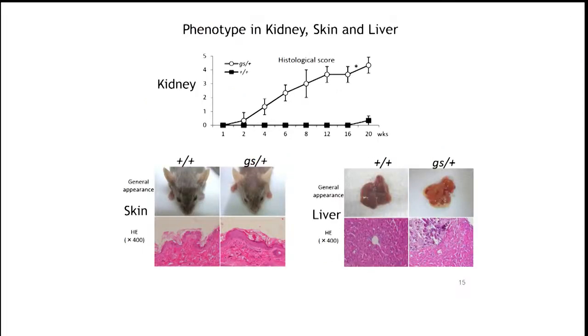Further analysis revealed that the GS mouse exhibits abnormalities in the kidney, skin, and liver. These symptoms are similar to those found in human patients with autoimmunity. Further studies are ongoing to relate human disease and MDA5 mutations.